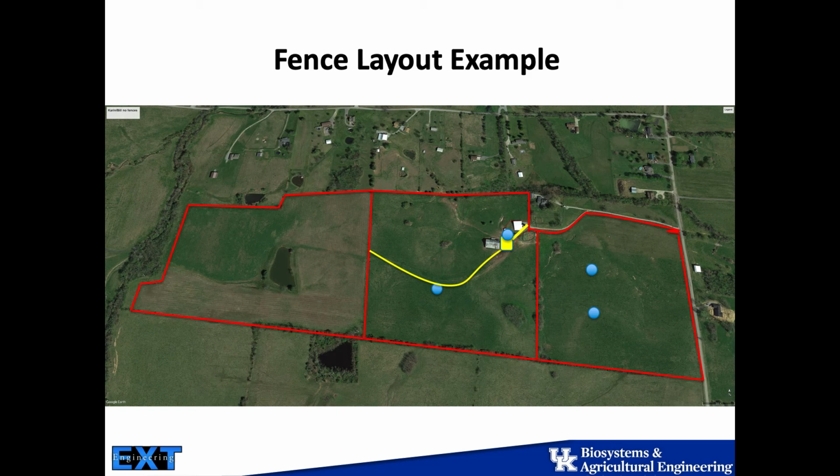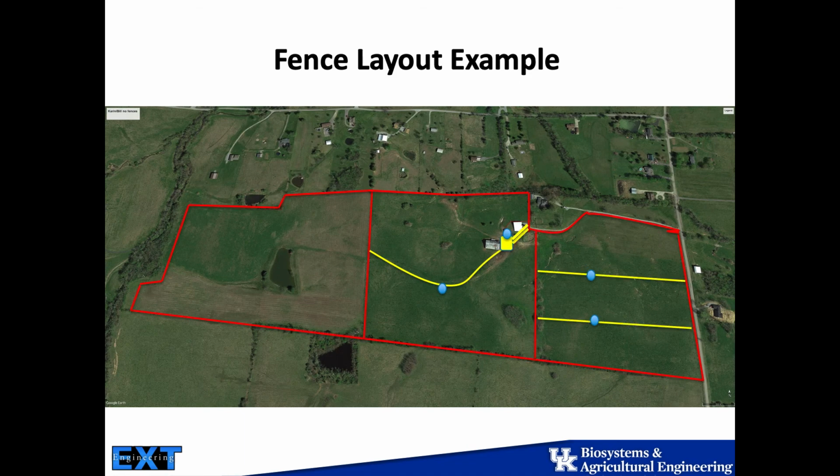Ideally, it would have been 4, and you would have been able to put one water tank in the center, and you would have been able to rotate around it, right? That would have been the easiest setup from a flexible fencing and watering system, but the shade clearly noted that we weren't going to get trees up in the front in the next 5 or 10 years. So we had to put in 2 water tanks so that we could break that field into 3 sections so that they were only on each section for a week for the animal numbers that they wanted to run.